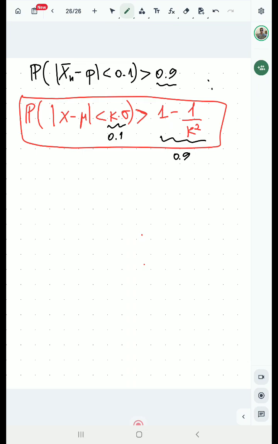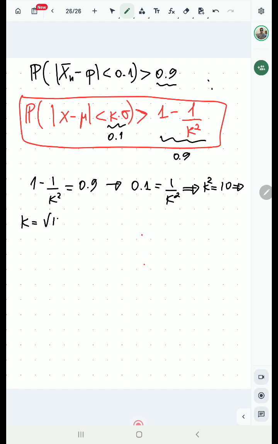So we can say that 1 minus 1 over k squared is equal to 0.9, and that means that 0.1 is equal to 1 over k squared, which means that k squared is equal to what? 10, which means that k is equal to square root of 10.